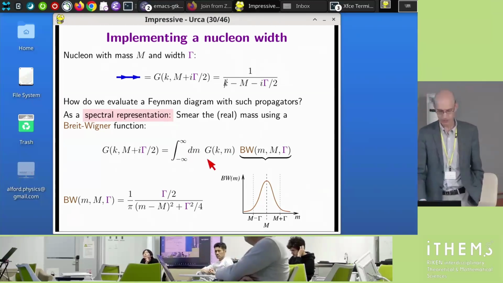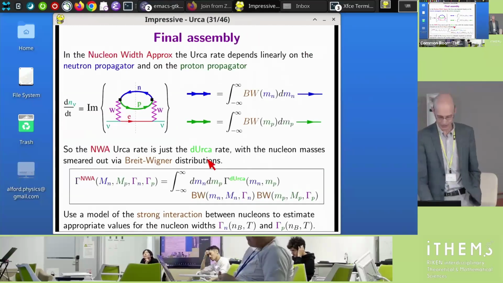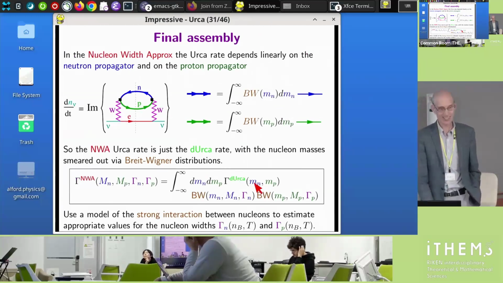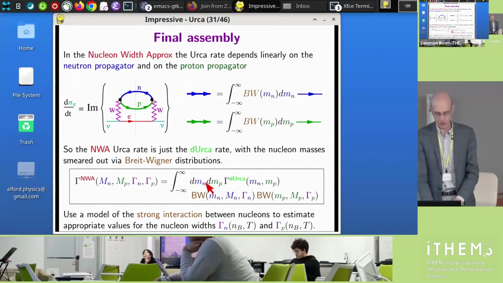There may be other ways of implementing this, but what's attractive about this way is that you don't have to redo your direct Urca calculations. You take your already existing direct Urca calculation and generalize it so the mass of the neutron and the mass of the proton are parameters and not fixed numbers. Then you introduce two extra integrals over those parameters with these weighting functions.